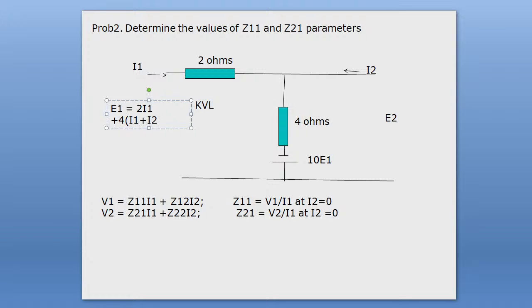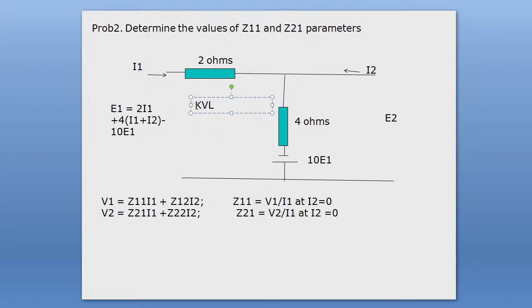Then this terminal is connected negative. The terminal of the supply voltage is connected with the 4 ohm resistance. Therefore this voltage will be subtracted from E1, so you can write minus 10 E1. Everyone look at the solution part of this problem.